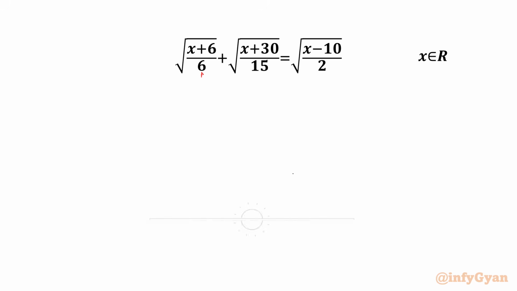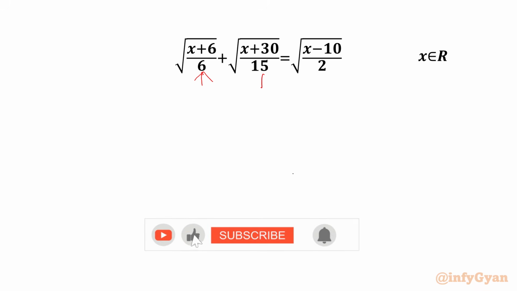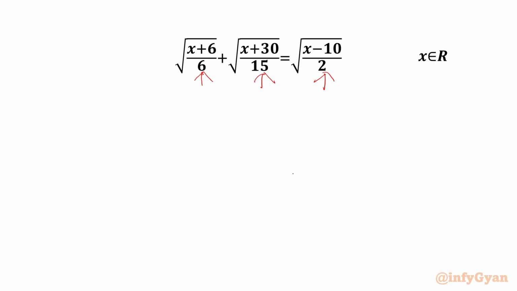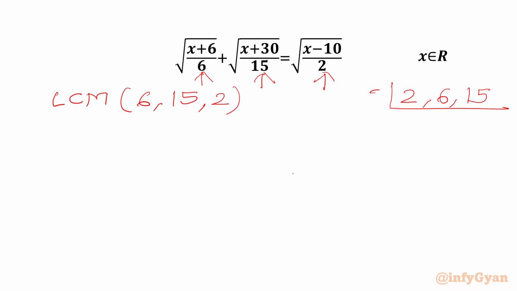In denominators, we have 6, we have 15, we have 2. So we can find out the LCM of denominators. So I will write LCM of 6, 15 and 2, which we can write here as 2, 6 and 15. We will write here 2. So 1, 3, 15.